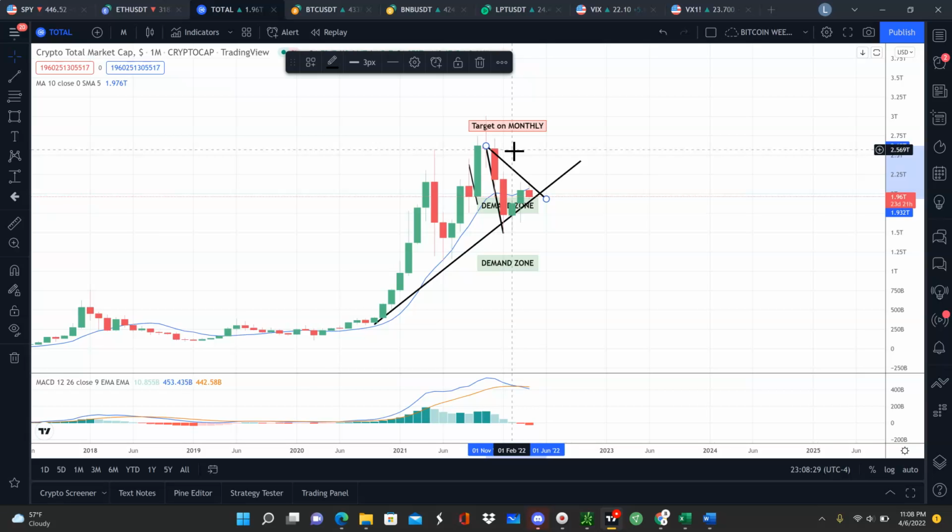I'm seeing maybe three possibilities here. Either crypto total market cap rises above 2.1 trillion going into the month of May and June, or it falls below 1.88 trillion, or it could also trade between those levels as well.